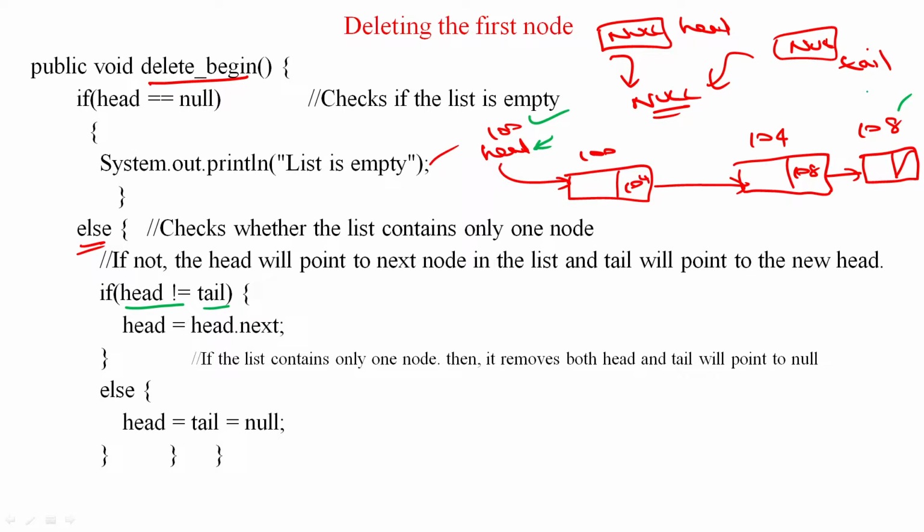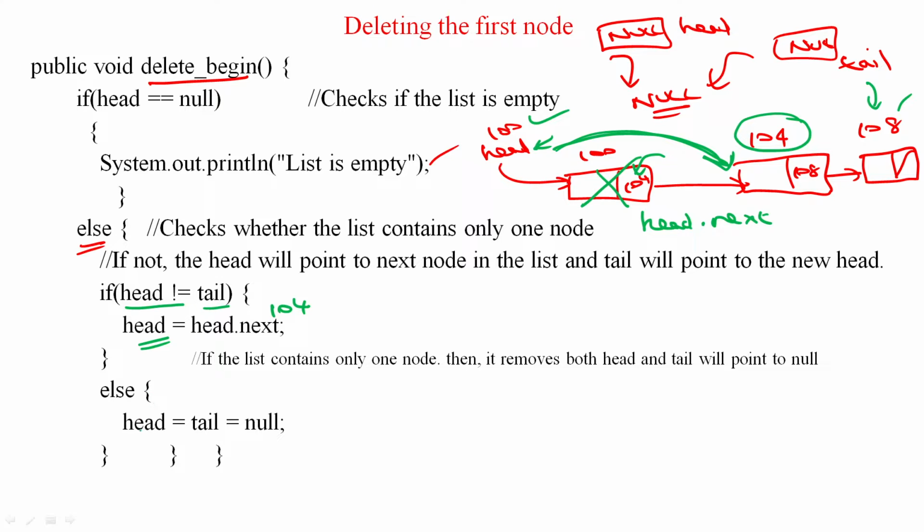Since we are going to delete this node, the new head will be this one. The address of the new head node is available in head dot next, which is 104. So 104 will become the new head. So this link is established, right?